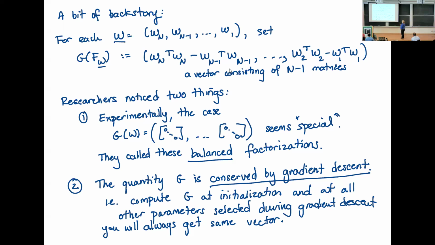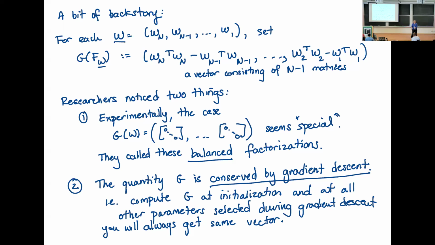Researchers noticed two things. Well, I'm sure they noticed more than two things, but two that I'll mention right now. First off, the value of this quantity G seems to matter when you're actually trying to use these to, say, match a data set. In particular, when this vector turns out to be just the vector of zero matrices, somehow this seems special.